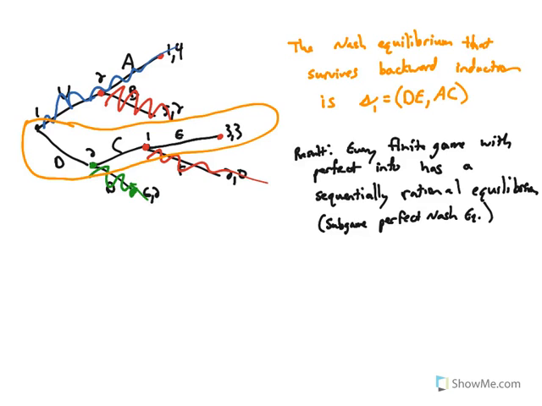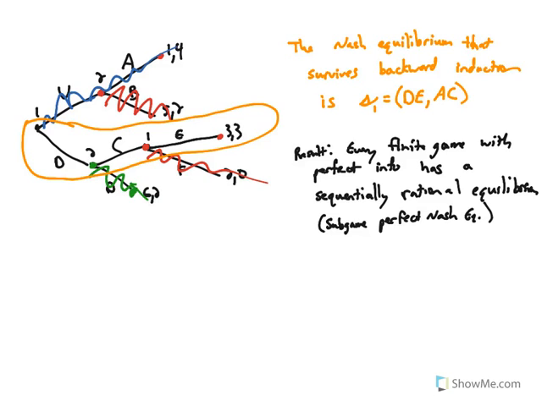Okay. One more thing I'd like to add about this game is that I'm going to just grab another color real quick. We want to still think about non-credible threats, right?